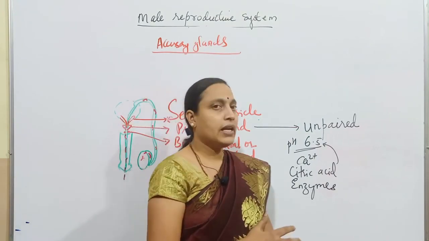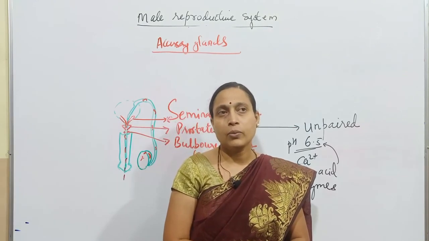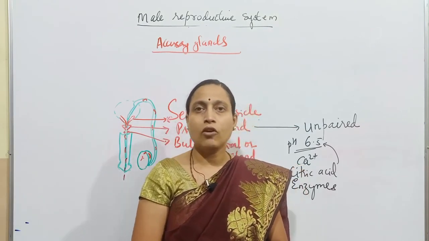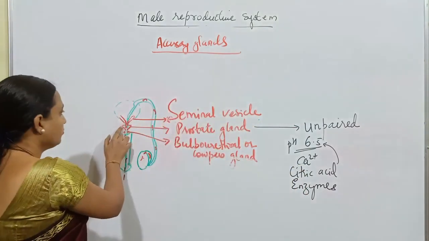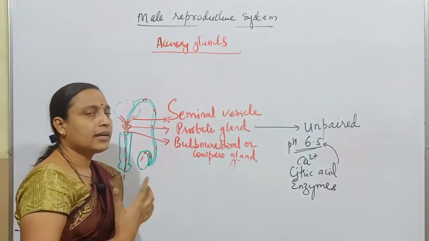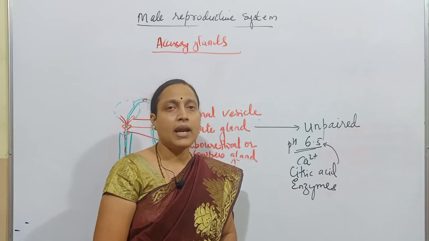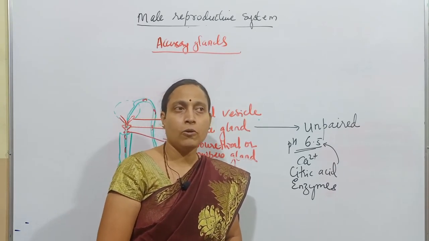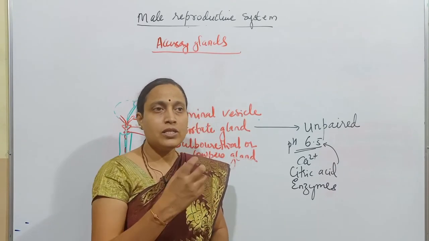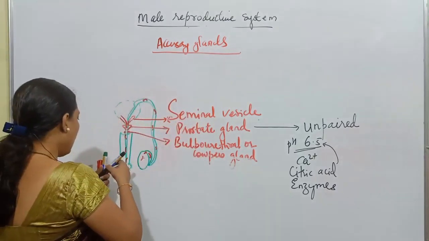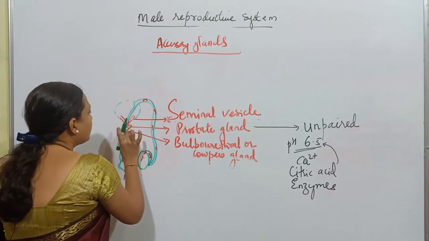Many individuals suffer with swelling of the prostate gland. This gland is the prostate gland. It gets swollen. So it's called benign prostatic hypertrophy. When this swelling occurs, the urethra becomes narrow.